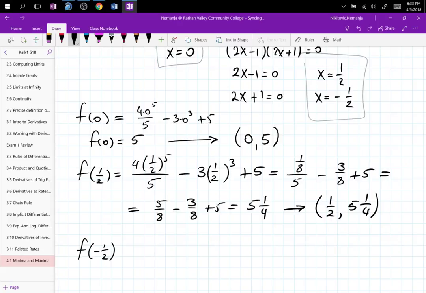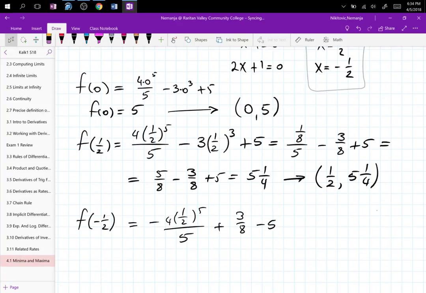Now these exponents are odd, so that will just kick the minus signs in front. So we have negative 4 times 1/2 to the 5 over 5. And then the negative will kick out here, so that's plus 3 over 8, I guess. And then minus 5 at the end. So let's take a look now.